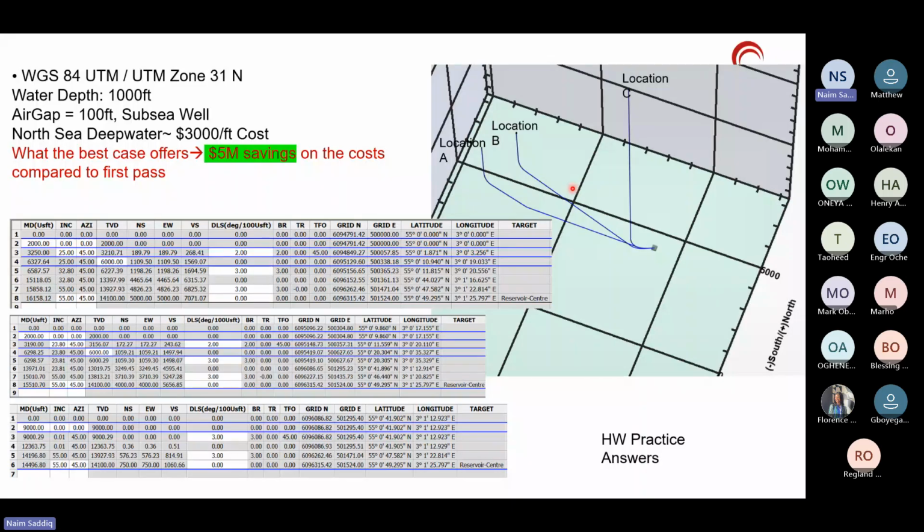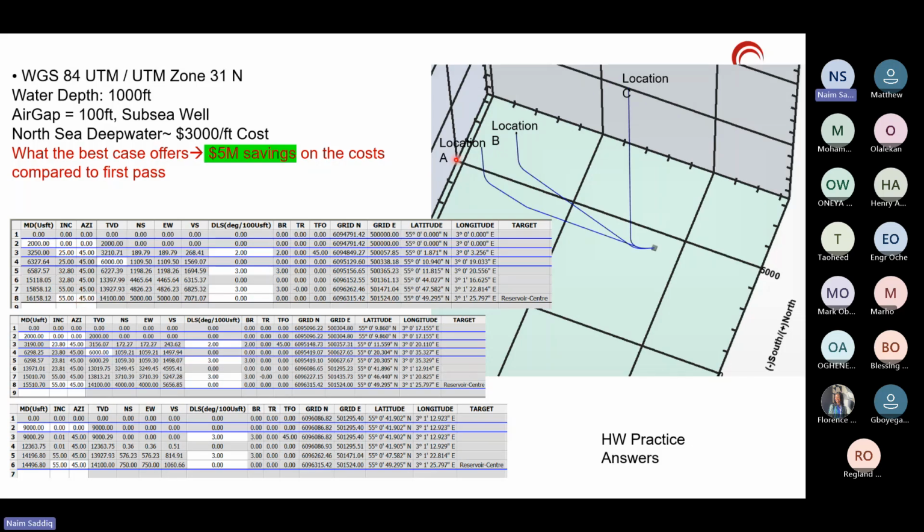They would like to hit the target at 55-degree inclination, as you can see in the box, and 45-degree azimuth at the target. It was required by them.